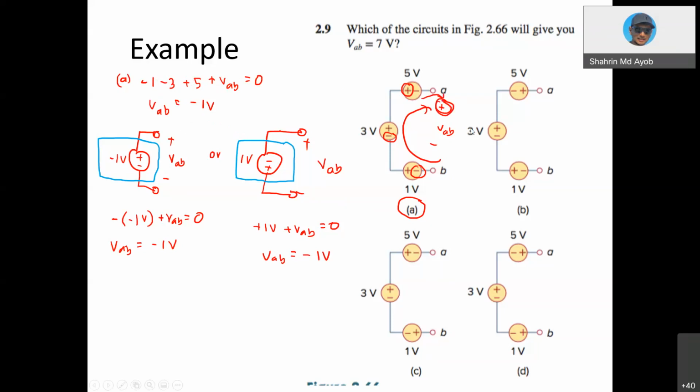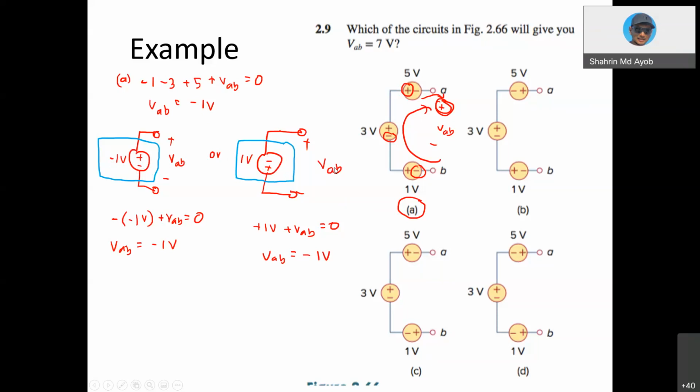So you can write down the single source like this. VAB is -1 volt, meaning that we look at the value of this source as -1 with this polarity. You can also draw your circuit like this. If you want to remove the negative sign here, you need to reverse the polarity of the voltage source like this.